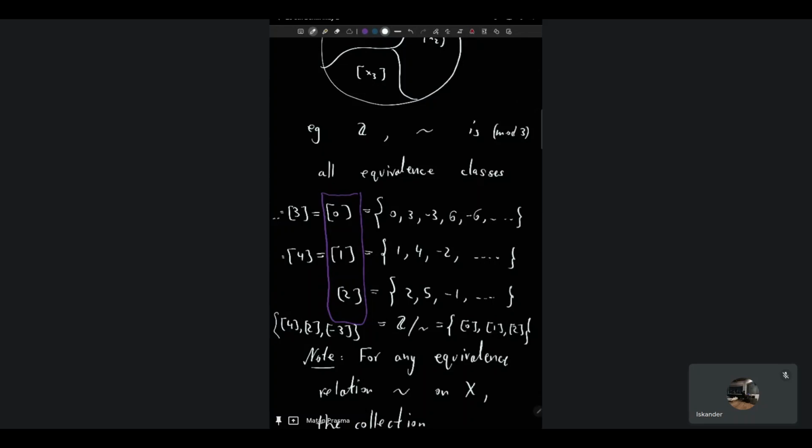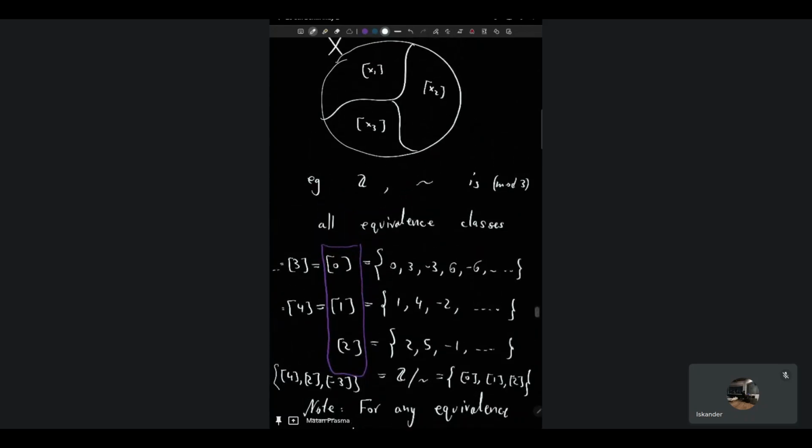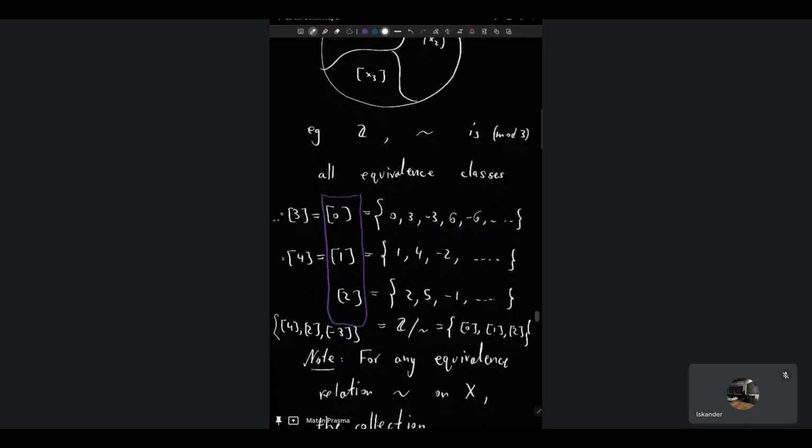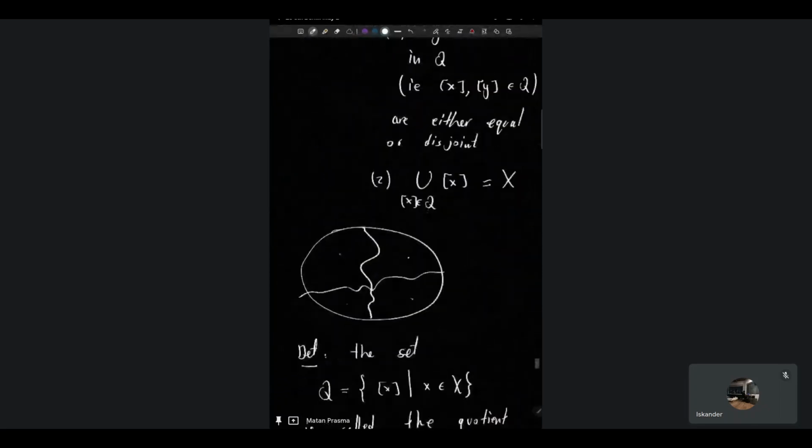But in any case, this is a set of 3 elements. So this is the reason for the intuition that I glue: I take a lot of numbers that are the same modulo 3, and I think of them as one element. So that's the reason behind the term quotient.